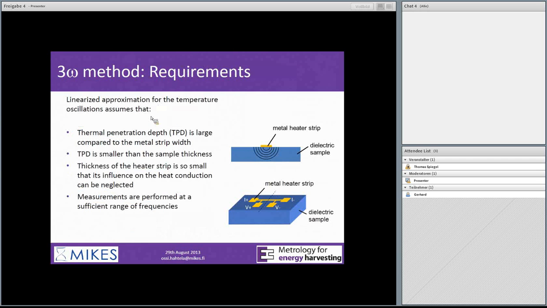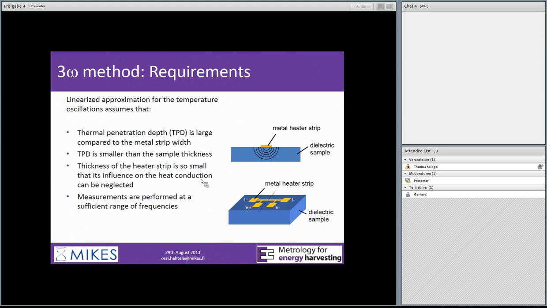This model assumes that thermal penetration depth must be larger than the width of the metal strip. Also, the thermal penetration depth must be smaller than the sample thickness so that the heating effect doesn't go too much over the sample, or there might be also reflections from the boundary line.